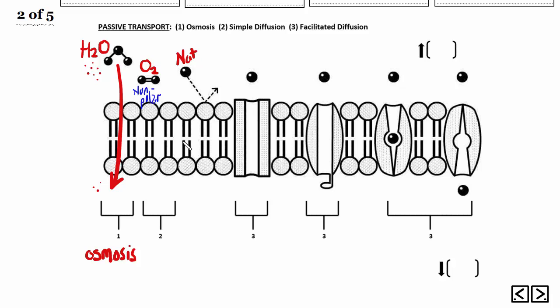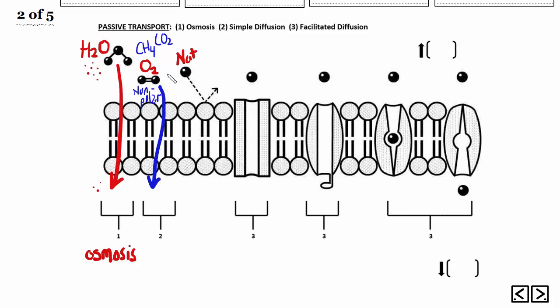It is attracted more to the hydrophobic fatty acid tails. Because of that, oxygen also can diffuse right through the cell membrane, and this is the same for other non-polar small molecules like methane or CO2.